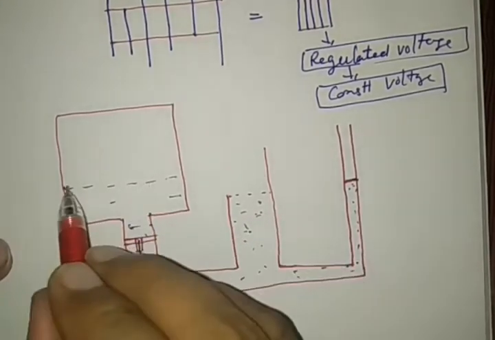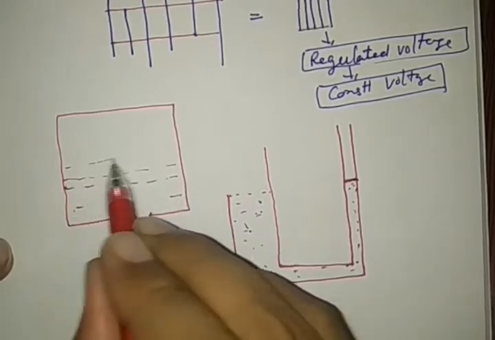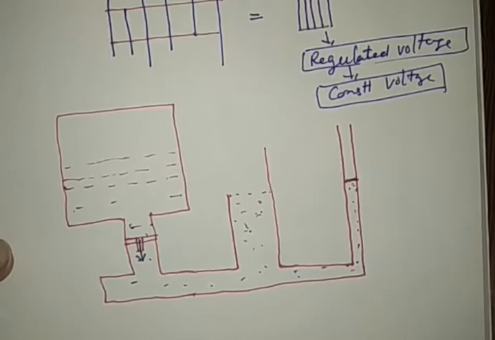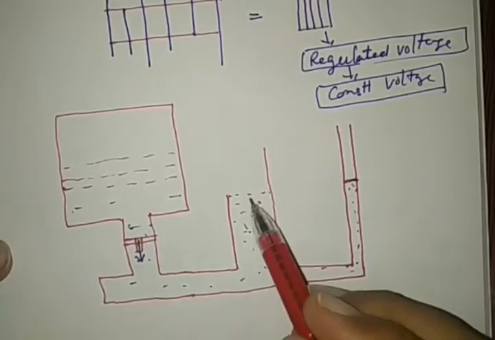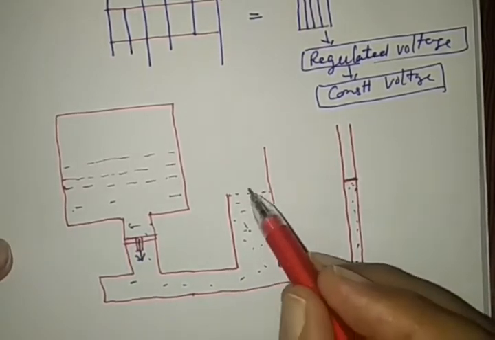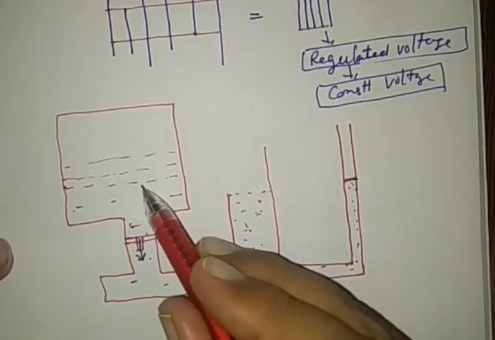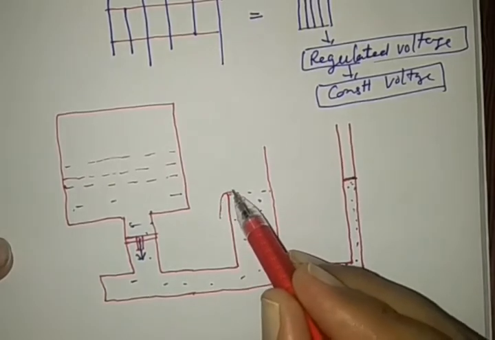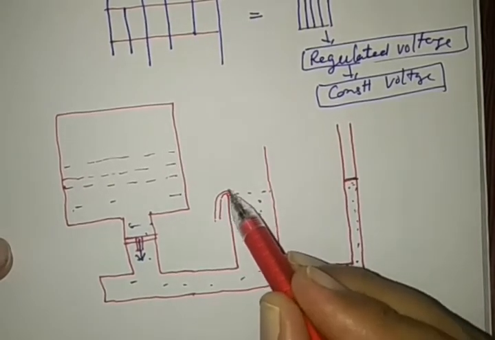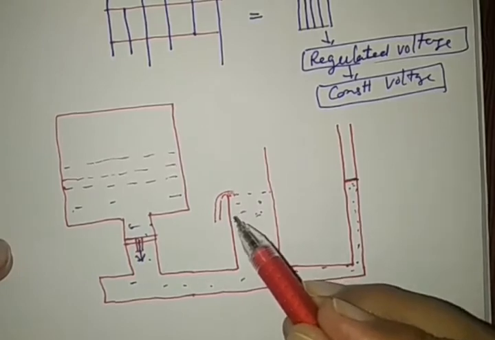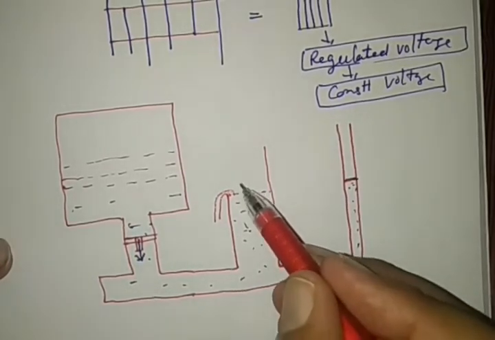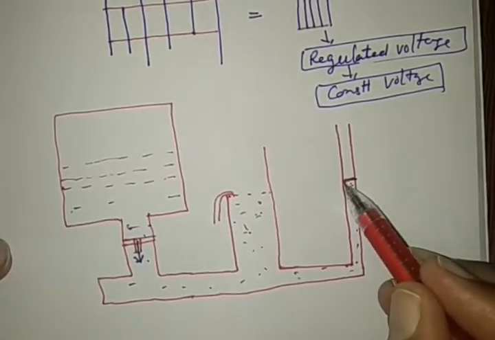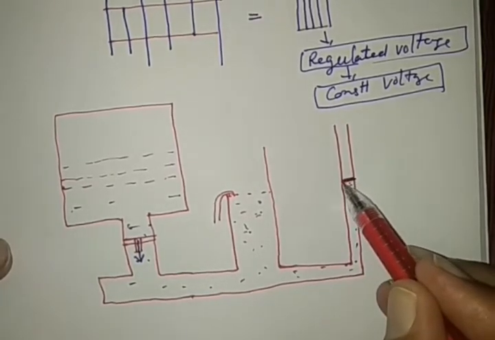There is a continuous flow of fluid inside this communication system. But again, when it reaches here, the extra fluid from the reservoir flows out this way. Suppose this fluid is water, the extra fluid leaks from here and maintains the level of fluid.